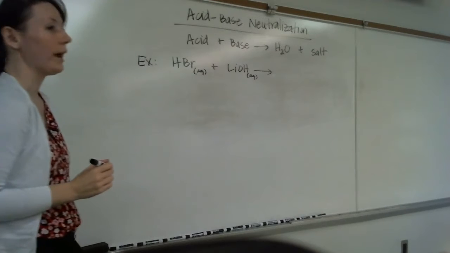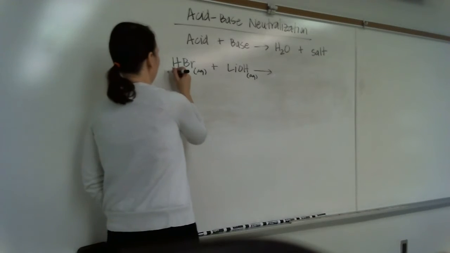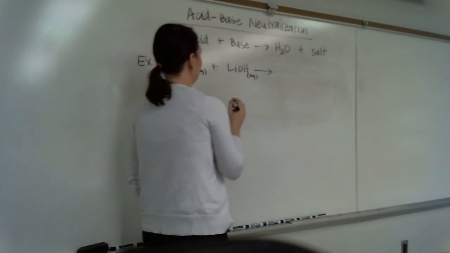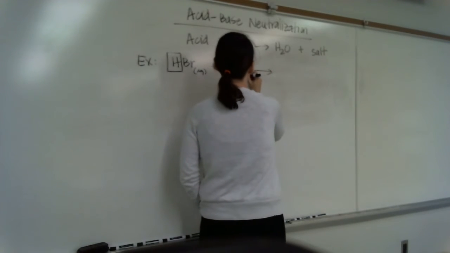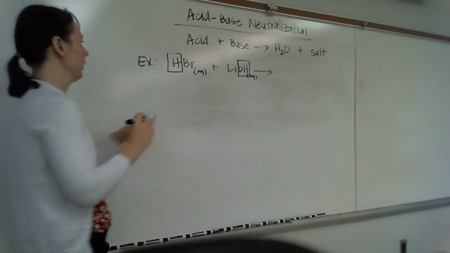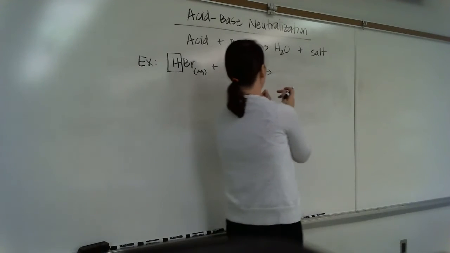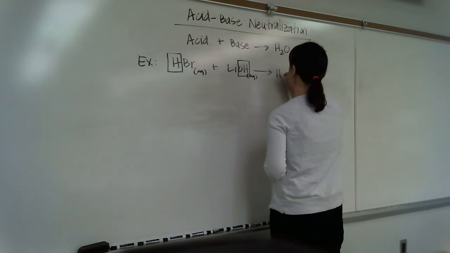Let's talk about where the water is going to come from. The H of the acid, OH of the base. Look, it's just a double displacement reaction, right? Because this is the cation, this is the anion. They're getting together. What's HOH the same thing as? Right, that's just H2O.